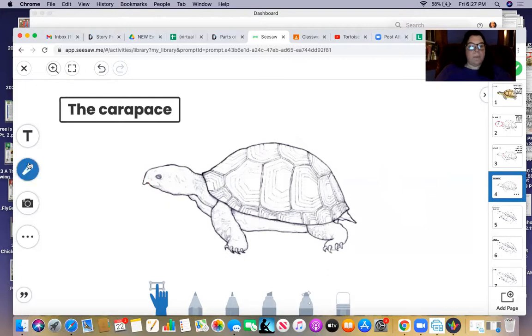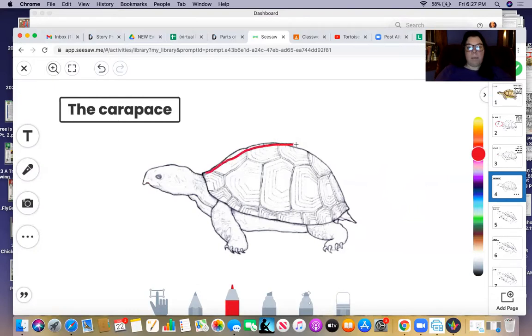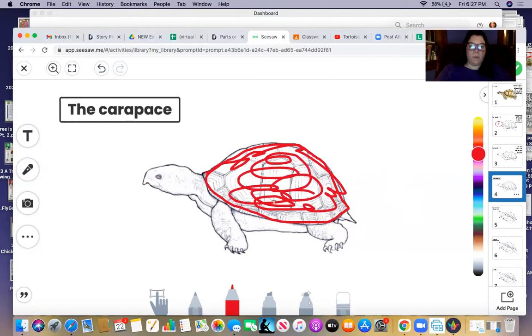vegetables. Okay, the next part we're going to talk about is the carapace, which is the top part of the shell. So this whole top part of the shell here is the carapace. I'm going to color that in, this whole part. And it's covered also, I've colored over it, but you can see here, it has these plates. A lot of times they're spiny and have ridges, these spiny plates to help protect the turtle.